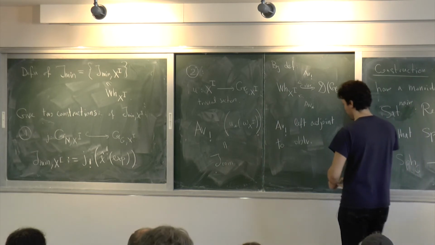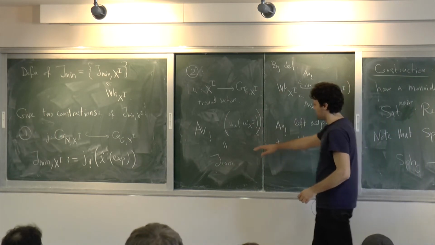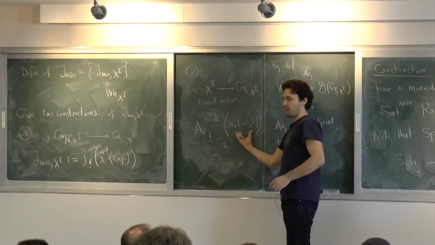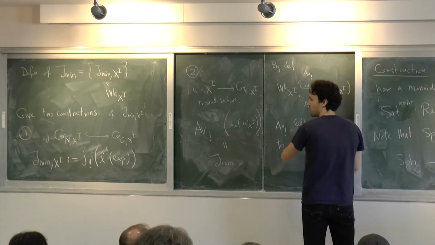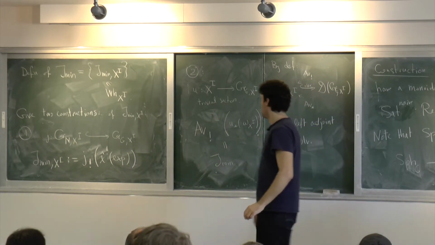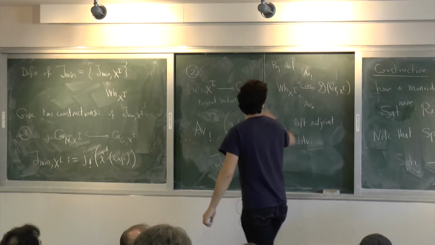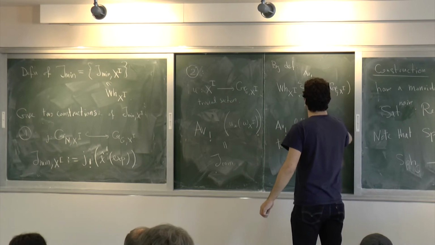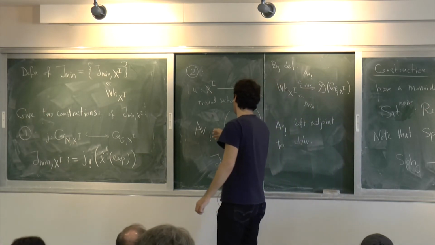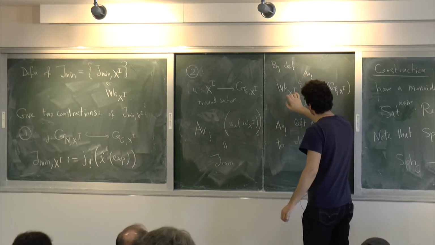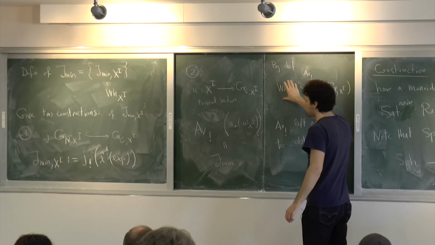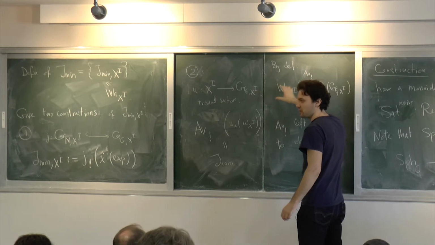It's only partially defined, but I claim it's defined on this object, due to holonomicity. Because I have to be careful: I have an equivariance with respect to an ind-pro group.